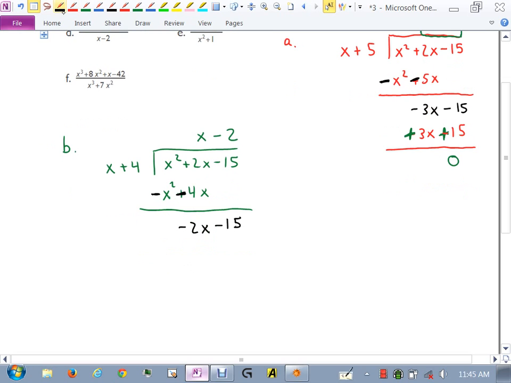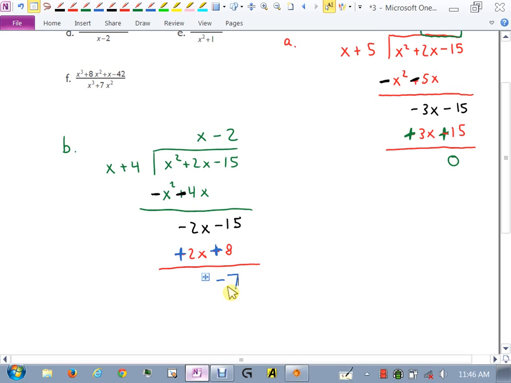And then when I multiply that through, I'll have underneath here negative 2x minus 8. Then I come through, change the signs, add down, and I get negative 7. At this point, this is a very important part of this problem. You cannot turn x into negative 7 easily, all right?